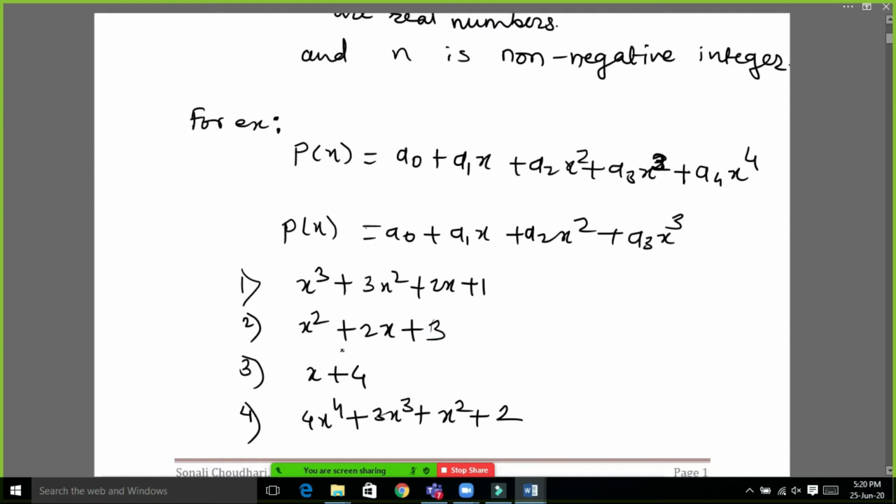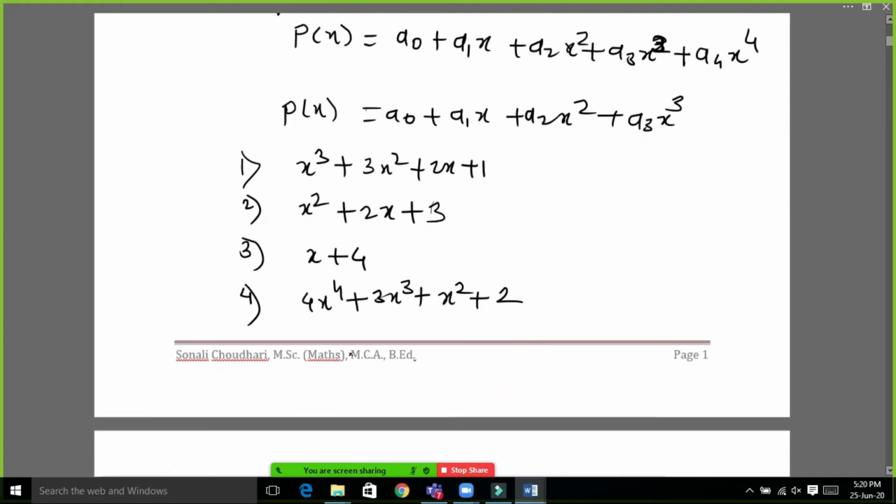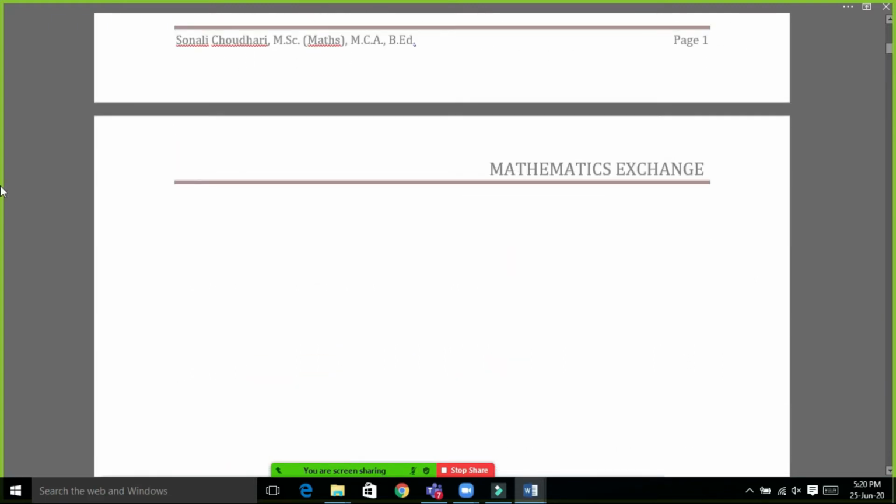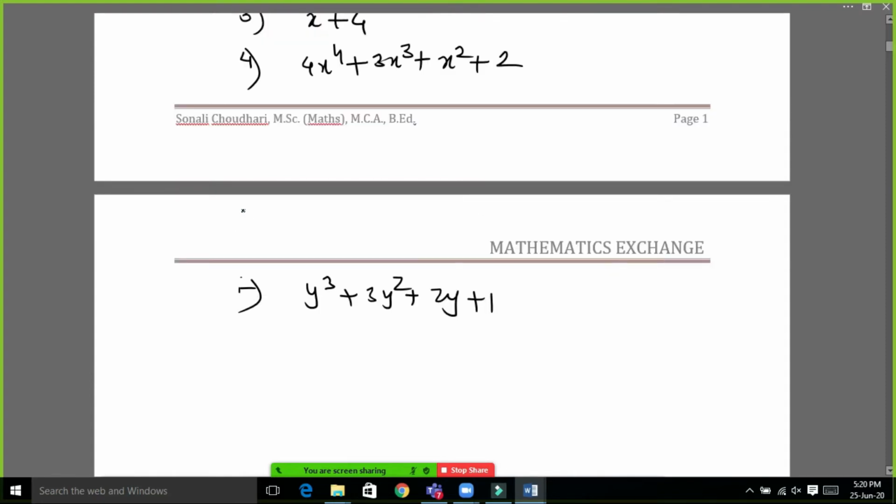Any other variable can be taken, just like y. So in terms of y, we consider the polynomial y cube plus 3y square plus 2y plus 1. This is again a cubic polynomial in variable y. So we can take any variable.